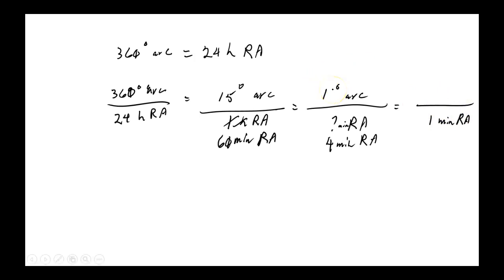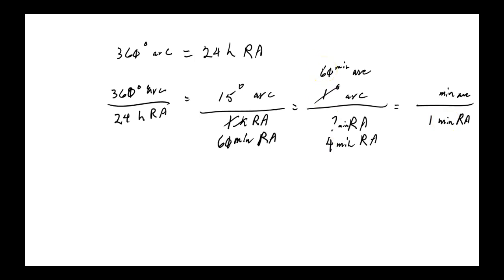Now how many minutes of arc are in 1 degree of arc? 60. 60 minutes of arc are the same as 1 degree of arc. 60 minutes in a degree, just like the 60 minutes in an hour. And then what would that give you for how many minutes of arc are equivalent to 1 minute of right ascension?